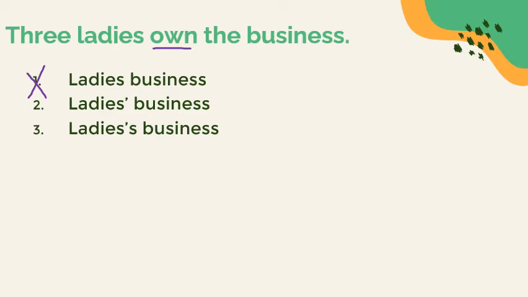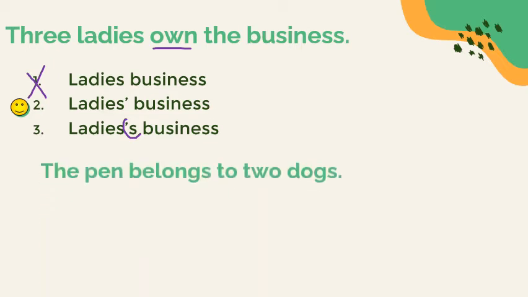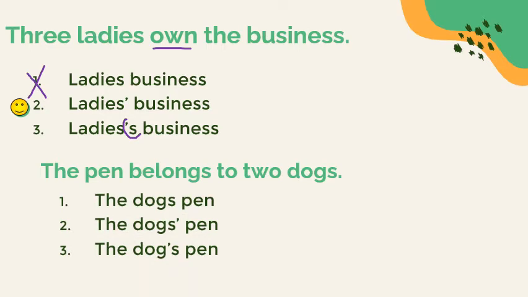Can I say it's S apostrophe or apostrophe then S, just like the singular? Of course no. If you understood what we were explaining, then you should choose number 2. The pen belongs to 2 dogs. The dogs' pen. I do not say the dog's pen, remember. So is it without apostrophe?